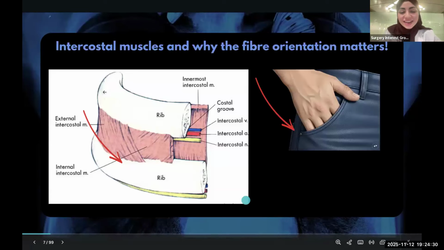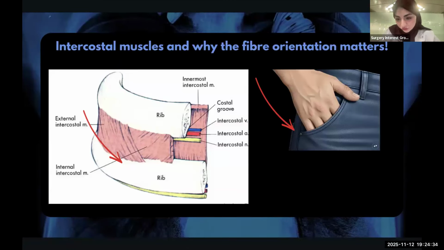Okay. Now, the next is going to be my intercostal muscles and the fiber orientation. This was not really a mnemonic or a tip that was given for you guys, or it might have been, but usually it was given in previous years because this was also common for the fiber orientation of the abdominal muscles.